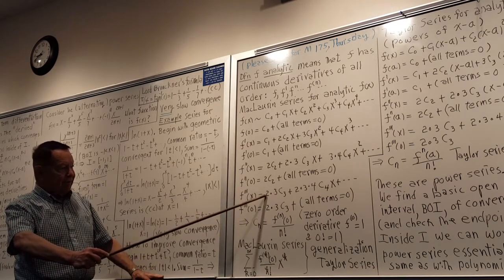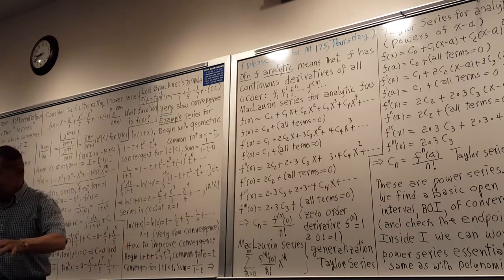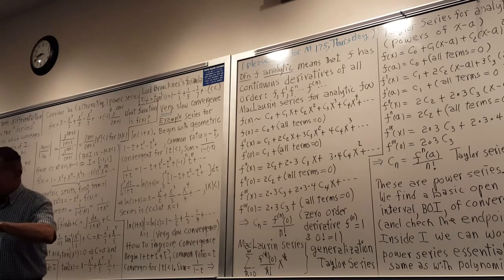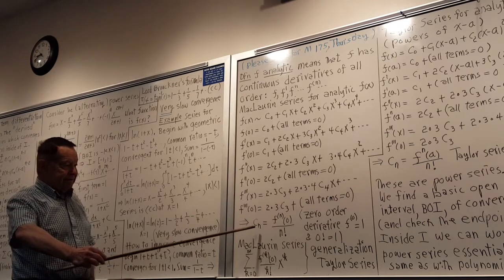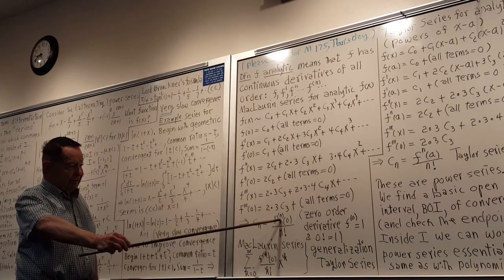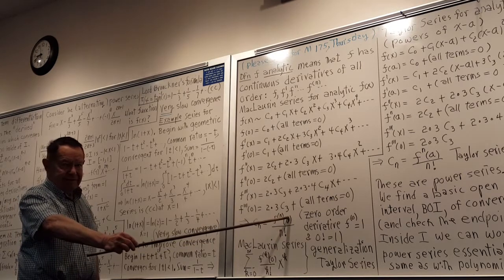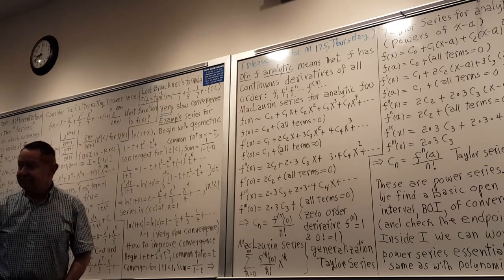And it isn't wrong if you say 1 times 2 times 3 instead of just 2 times 3. If you put the 1 in there, then you can write factorial. So your pattern is that the nth coefficient is the nth order derivative calculated at 0 divided by n factorial.